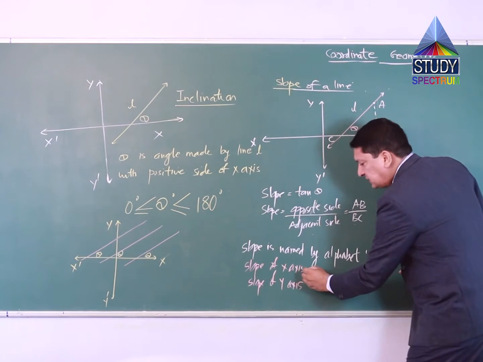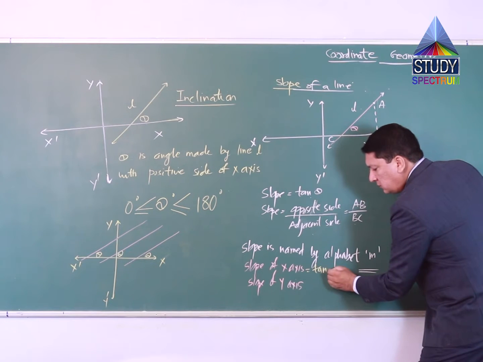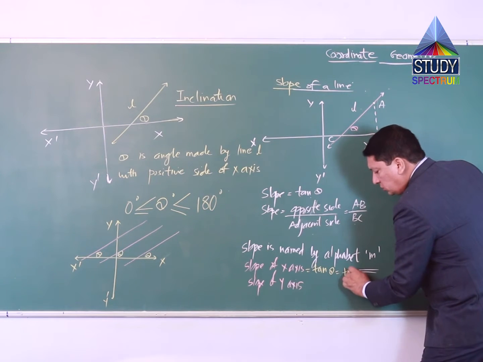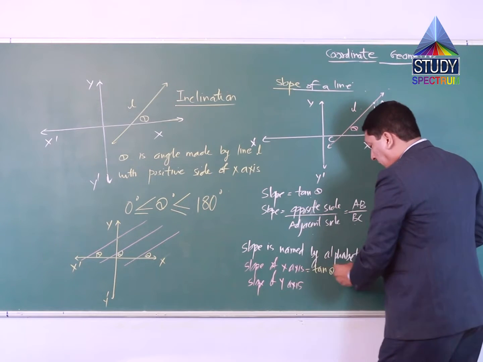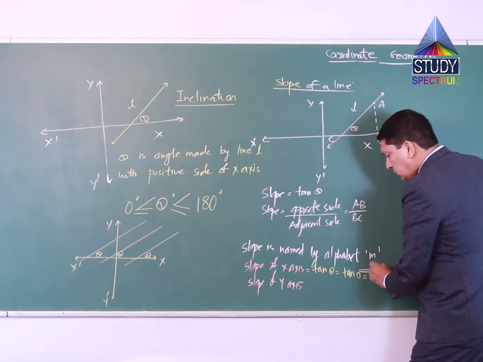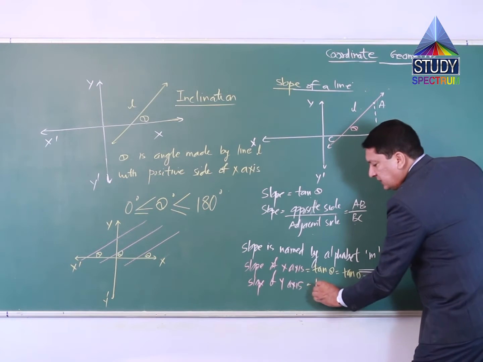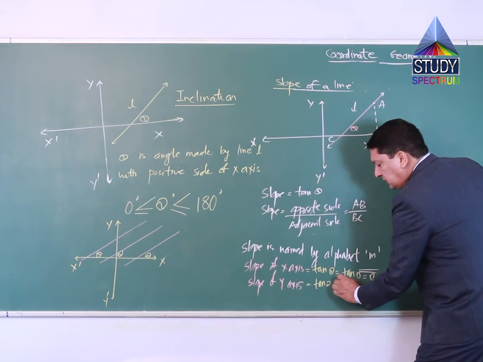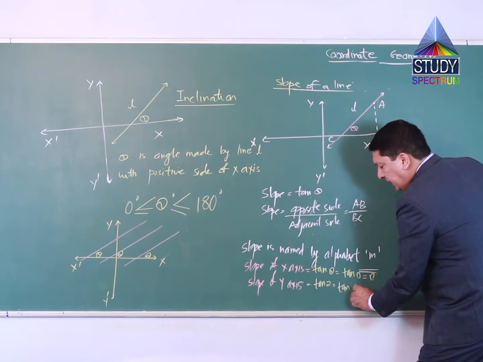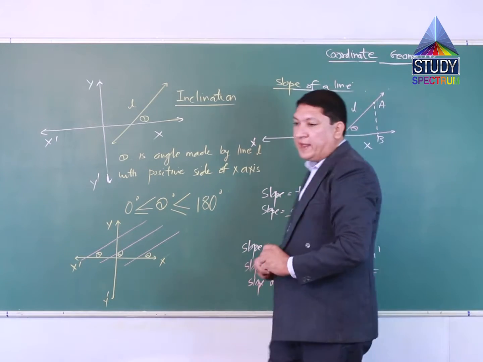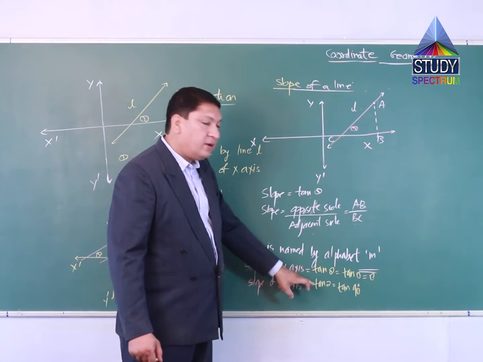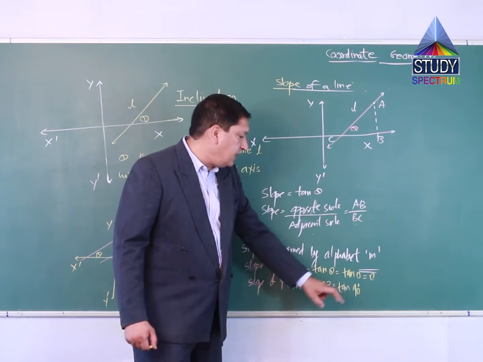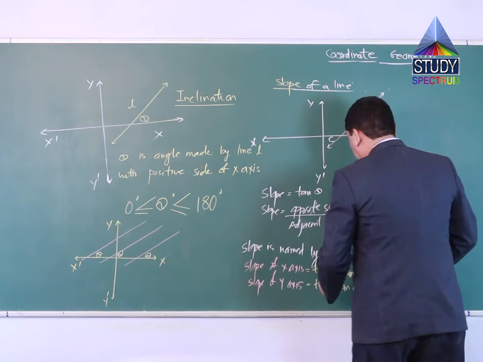Slope of X-axis is equal to tan theta, that is tan 0. Why 0? Because X-axis is not making any angle and tan 0 is 0. Slope of Y-axis is tan theta, that is tan 90 degree. Why 90 degree? Because Y-axis is making 90 degree angle. So slope of Y-axis is tan 90 and tan 90 we cannot define.